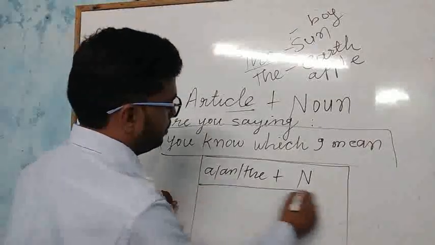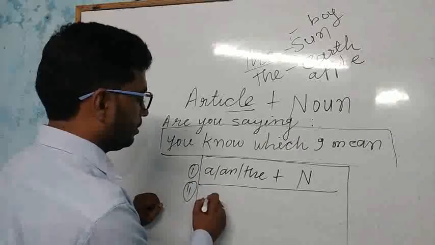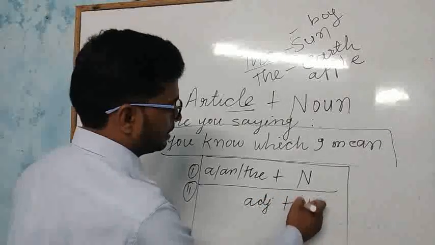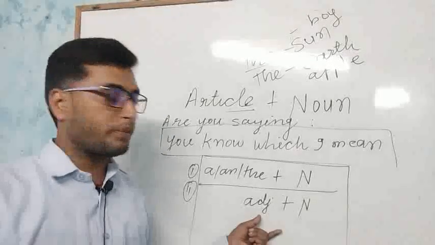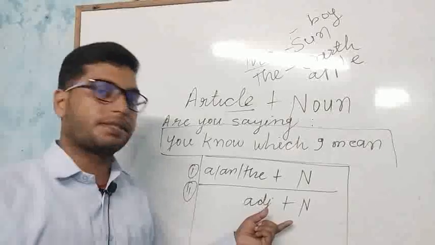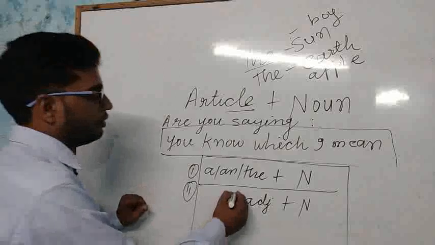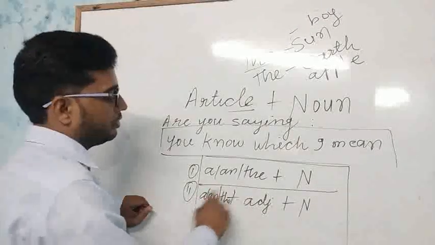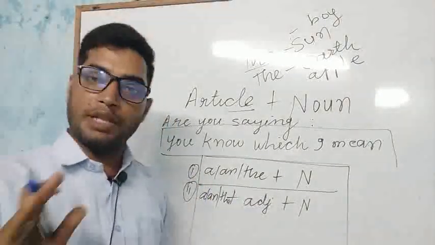We can place it before a noun. Second, if an adjective is given in the sentence, adjective plus noun, then we should not use the article just before the noun. We should use it before the adjective, right? If there is no adjective, then we just use the article before the noun.